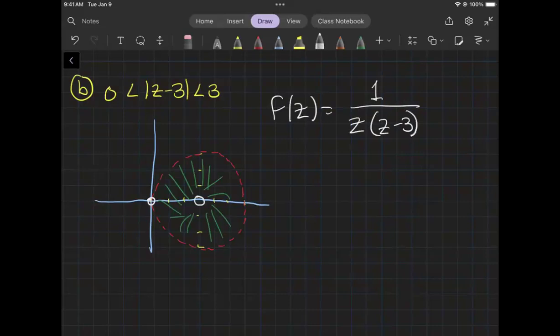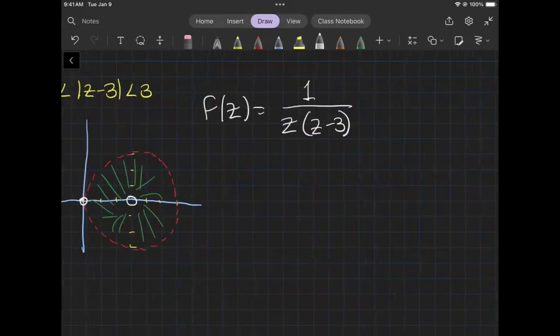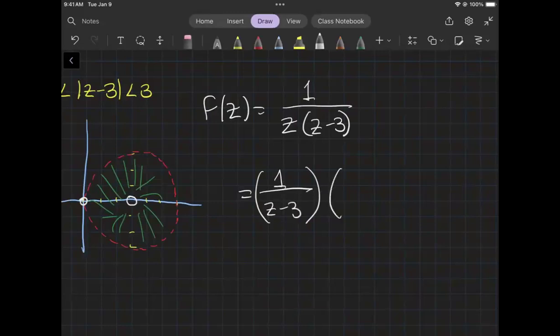So now, this time, our region is the punctured disk, centered at z equals 3. All right, so what I'm going to do now is express f of z as a product, which will look like this: z minus 3 times 1 over z.